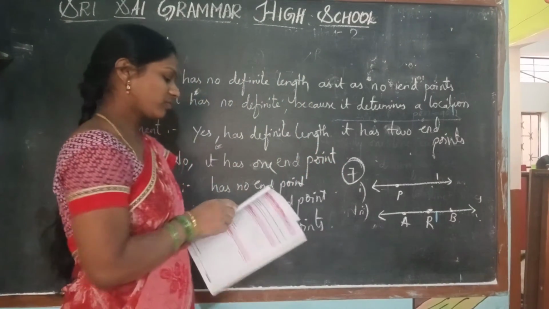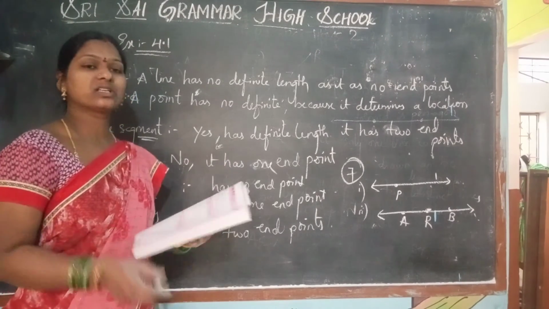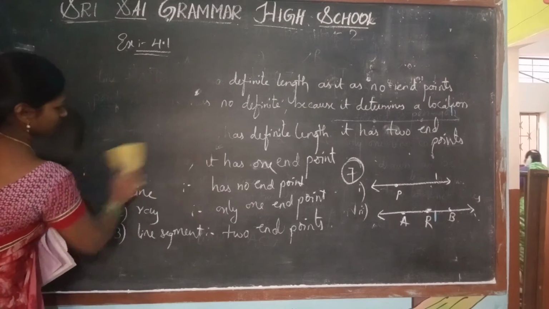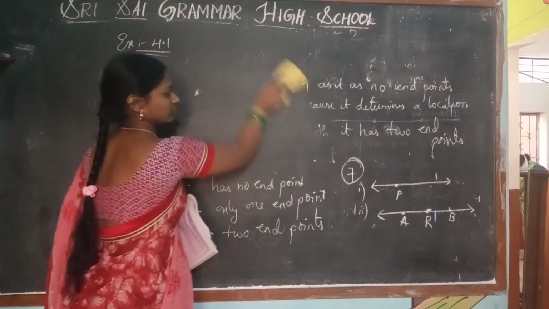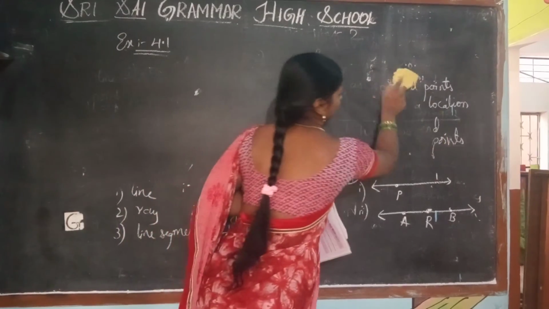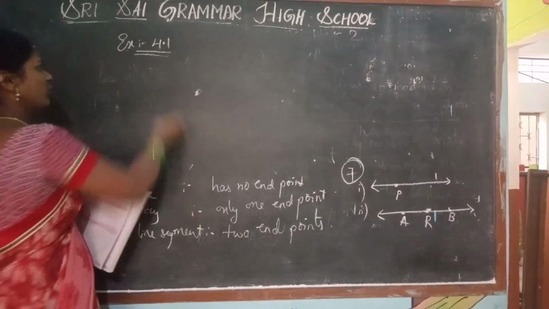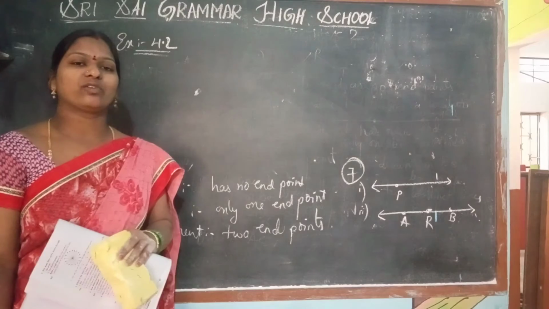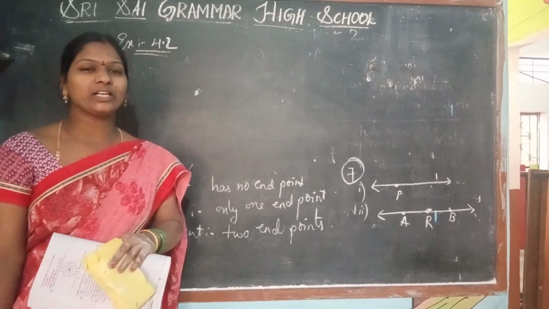Okay. Now coming to exercise 4.2. In key points we have already learned how to identify open curves and closed figures.